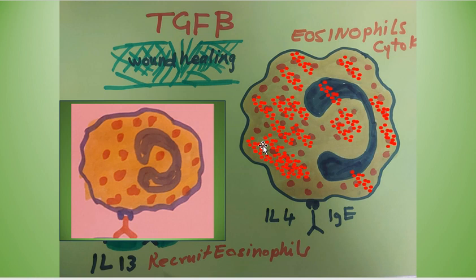Also, eosinophils produce interleukin 13, which is important for their survival when they reach the bronchioles, as IL-13 recruits the eosinophils to bronchioles, and that may lead to what is called eosinophilic asthma. And also eosinophils produce TGF-beta, which is very important for wound healing.